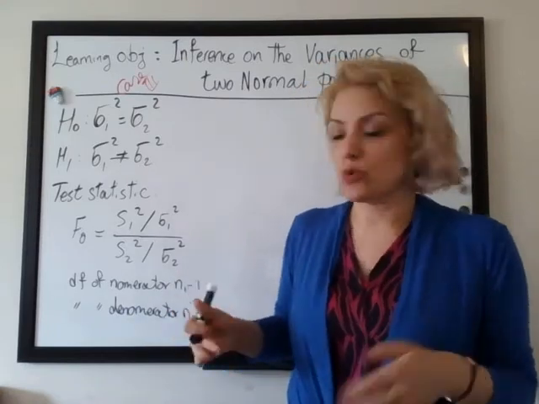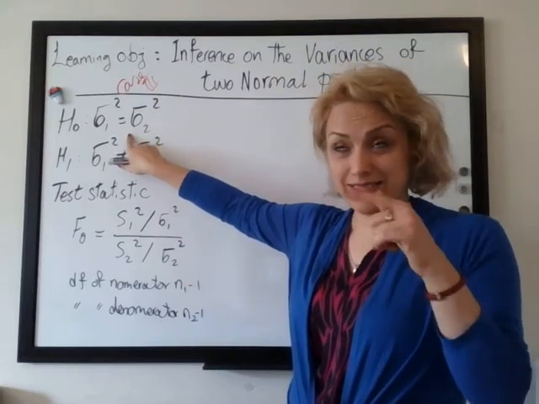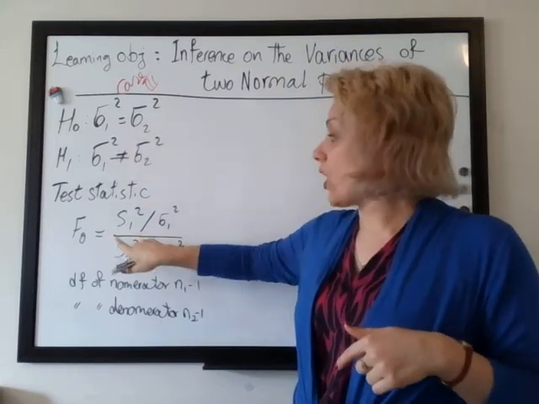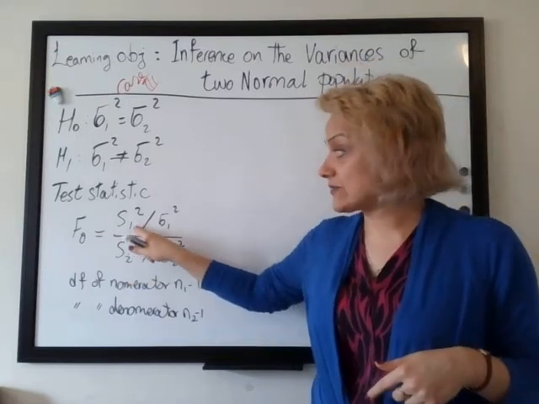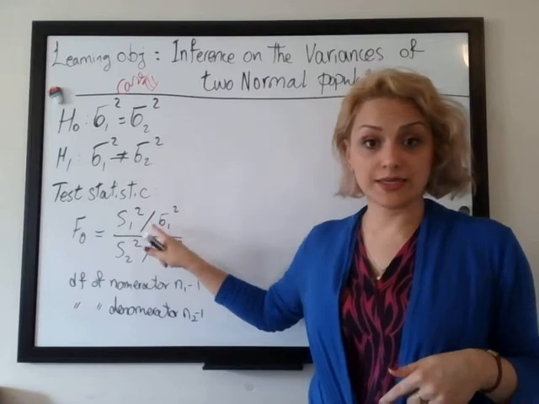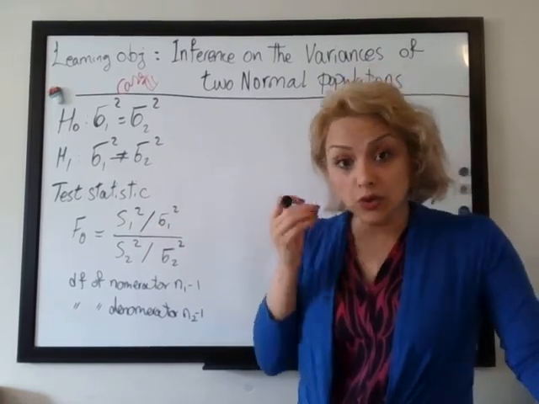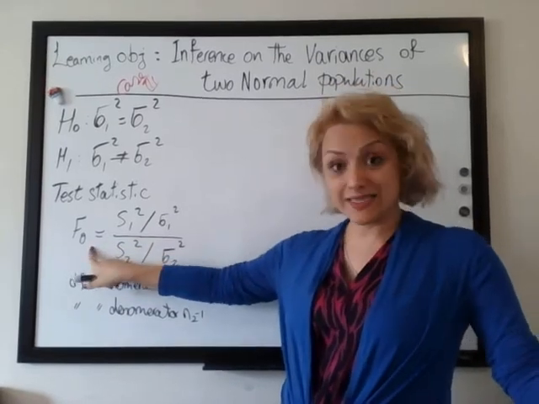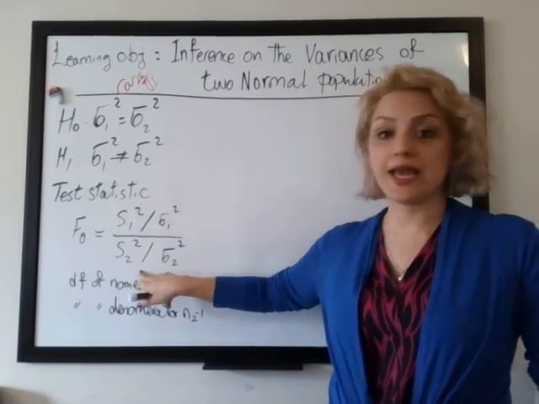So that should be true, and the null hypothesis says that they're the same. So I would write down the test statistic. It's equal to S1 power 2 divided by S2 power 2. When you're looking at the notes, you would see that it's written that the test statistic is equal to S1 power 2 divided by S2 power 2.